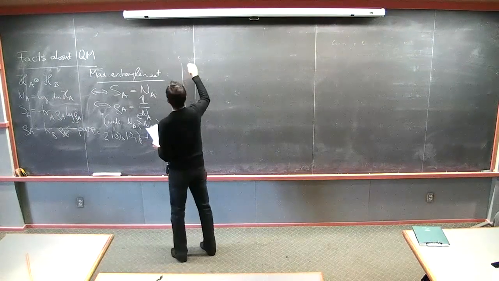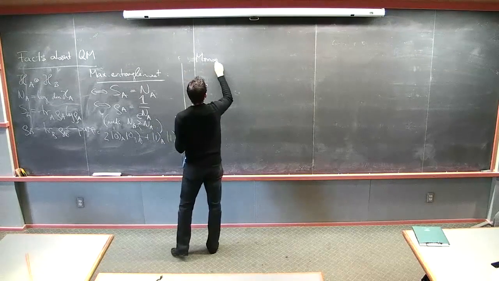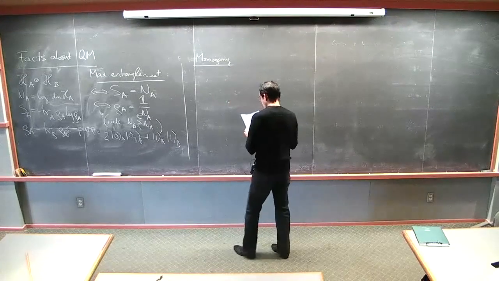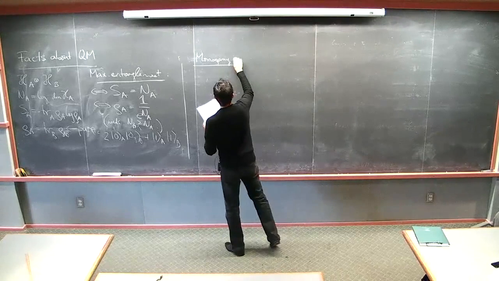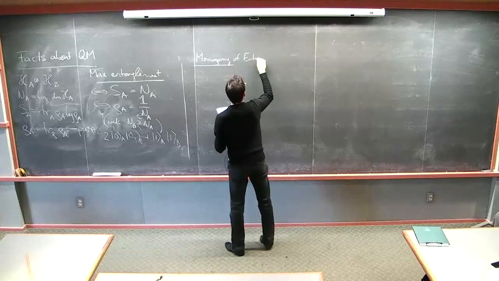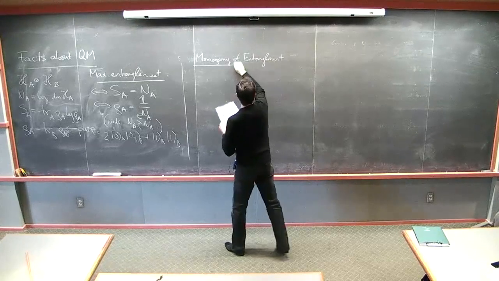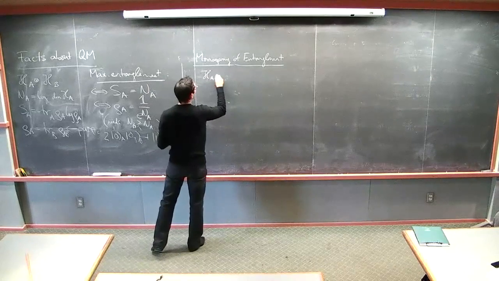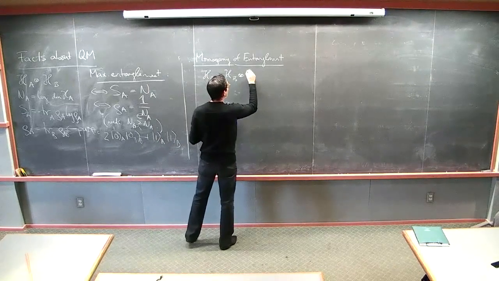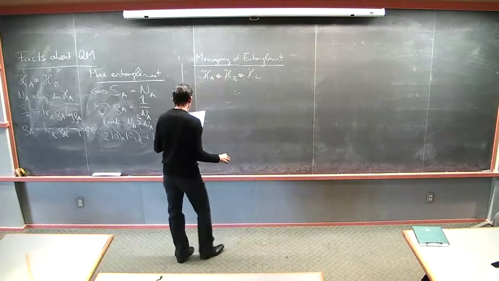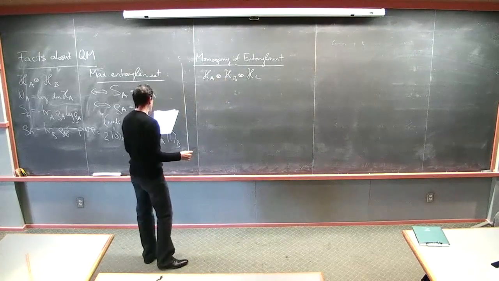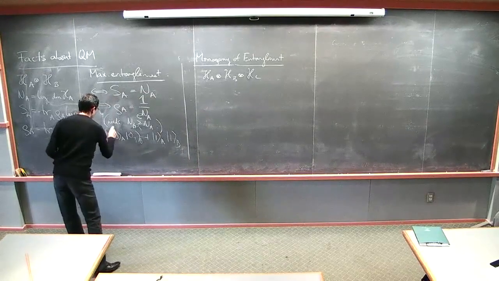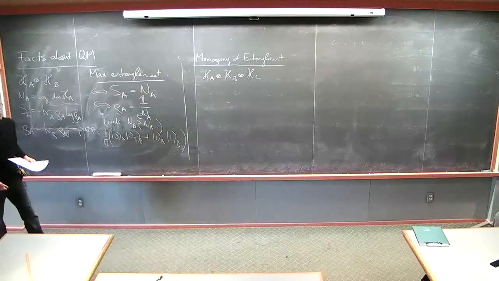Okay, so much for maximal entanglement. Now, the other concept that's really important for the by now legendary argument of AMPS is the monogamy of entanglement. Let's say we have 3 qubits, and let's suppose that A and B are in this maximally entangled pure state.